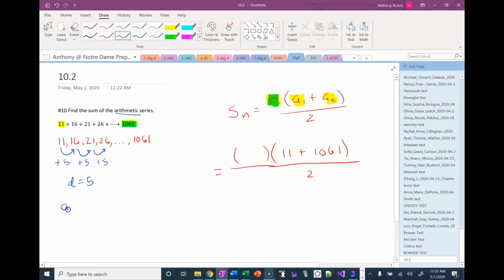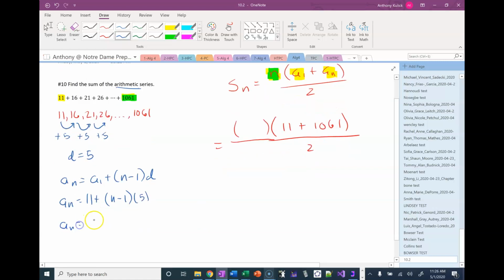What I can do now is write a formula for my arithmetic sequence, using the formula for an arithmetic sequence, not a series. The first term we know is 11, and we know d is 5.